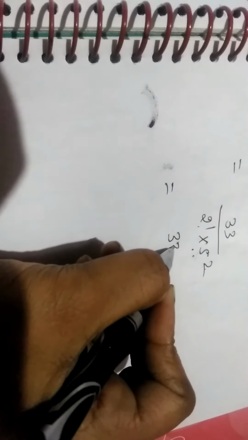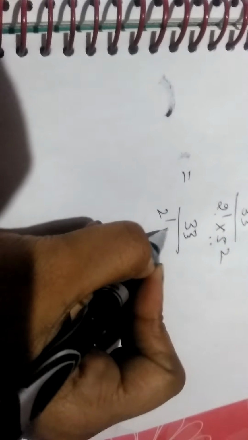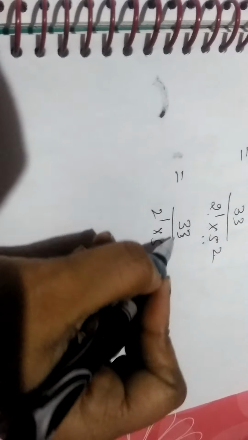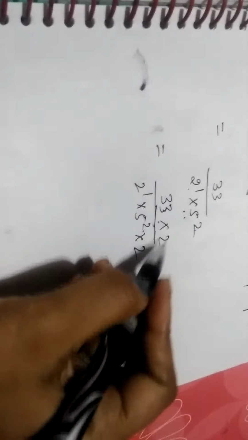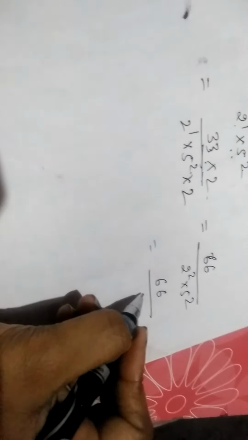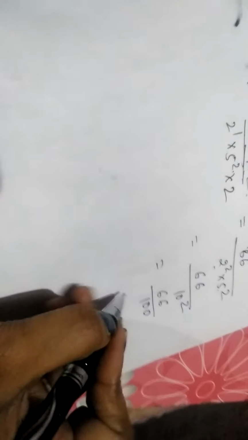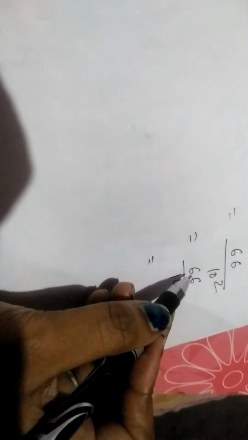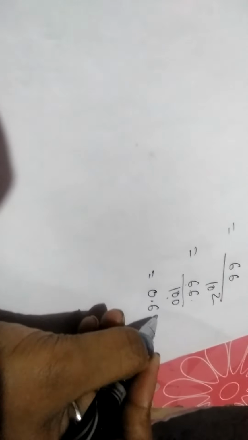Then 33 upon 2 to the power 1 into 5 to the power 2, we multiply by 2 in numerator and denominator, which gives 3 twos are 6, 66 upon 2 to the power 2 into 5 to the power 2 is equal to 66 by 10 to the power 2, which is 66 by 100. When we divide 66 by 100, we get 0.66.